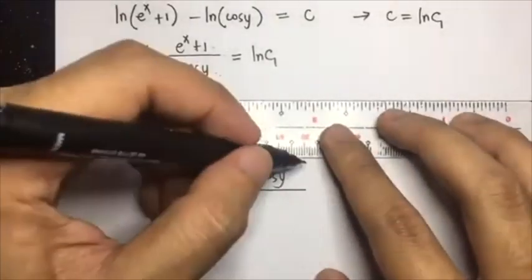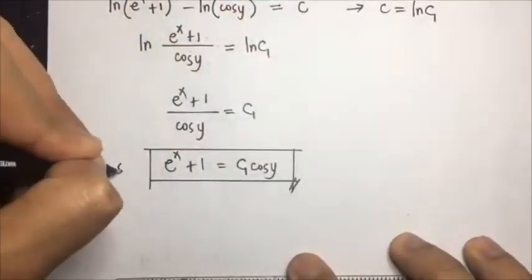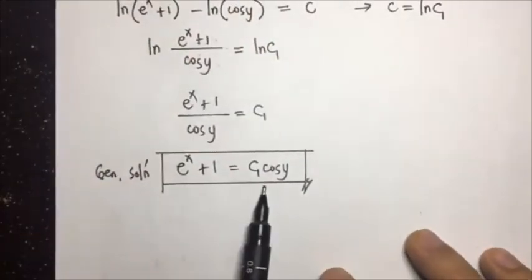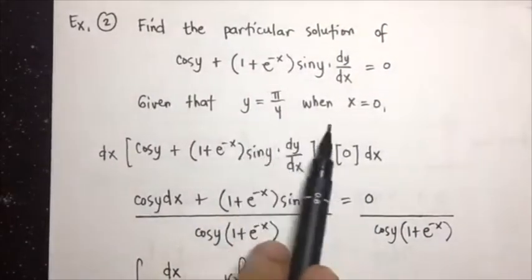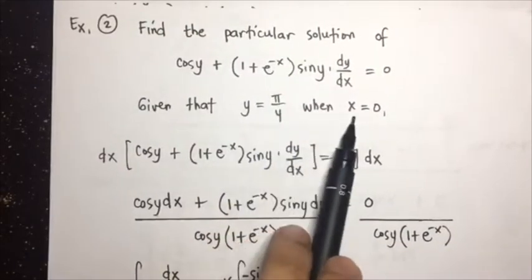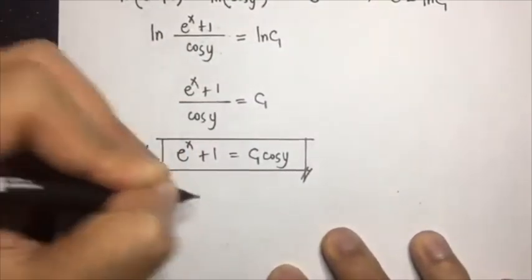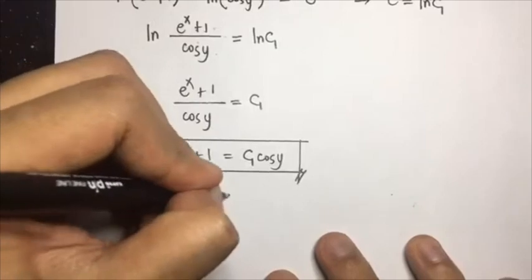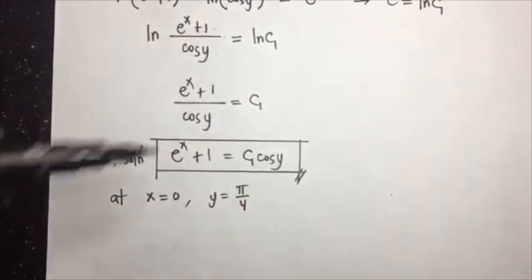This is still our general solution because we haven't determined yet the value of the arbitrary constant c1. We can solve for that value by looking back here. When x is equal to 0, y is equal to pi over 4.